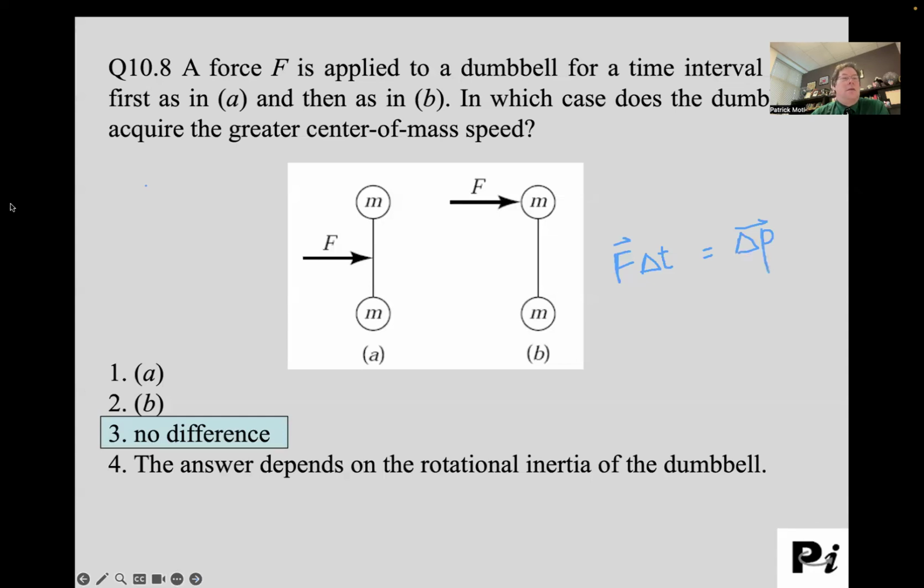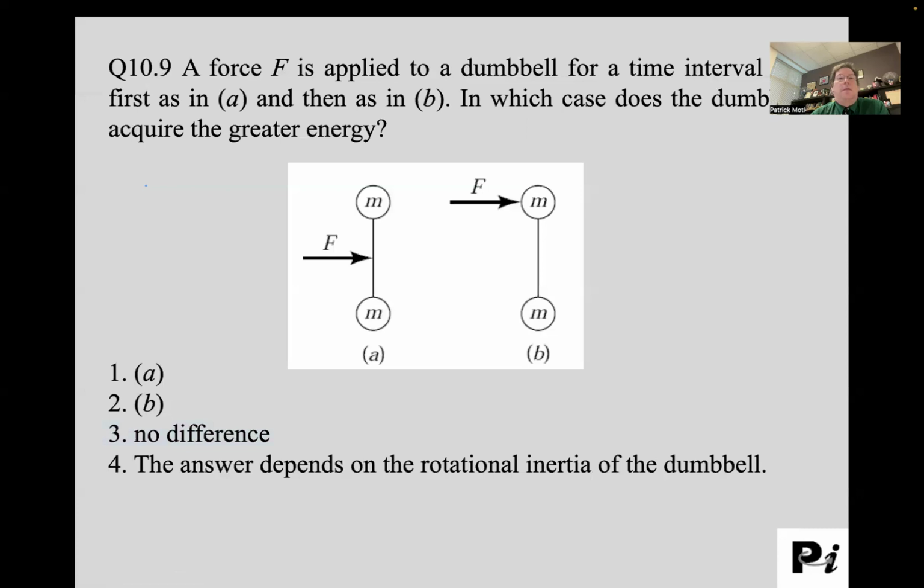Okay, so then you might legitimately wonder, well, what is it that the force is doing different in B than in A? And that we will try to illustrate with the next question. All right, so now forces applied to a dumbbell for a time interval, the same for both.